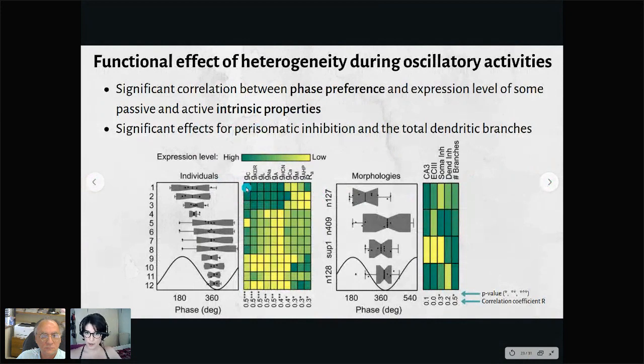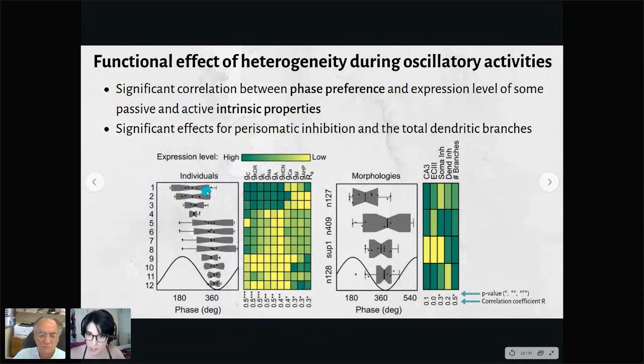In this panel, we are going to be first looking at the different individuals, the preferred phases of the synthetic cells sorted by different individuals. Each of these 4 dots are the 4 morphologies, and they are sorted by the mean preferred theta phase. And what we see here is the expression level of the intrinsic parameters defining each of these individuals.